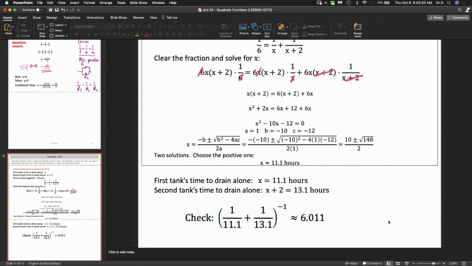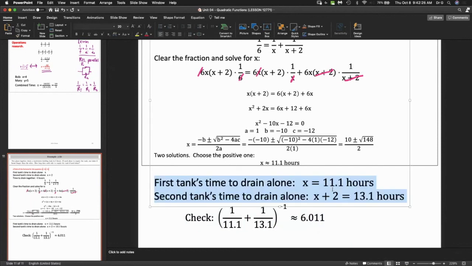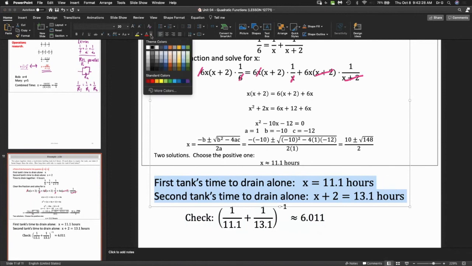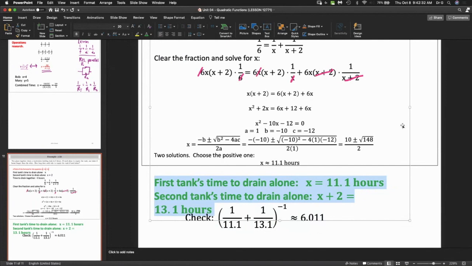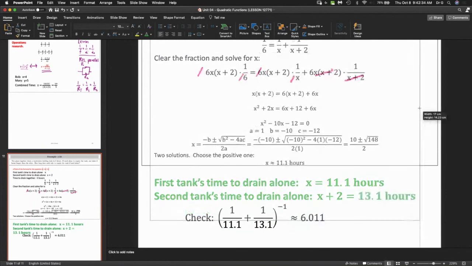It's pretty close. It won't be perfect, obviously, because you have done rounding, or I have done rounding. But at least you can appreciate it.